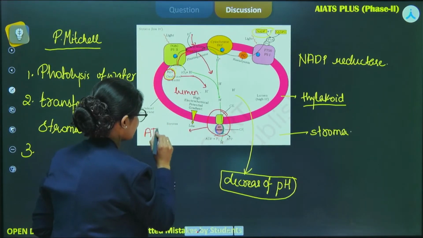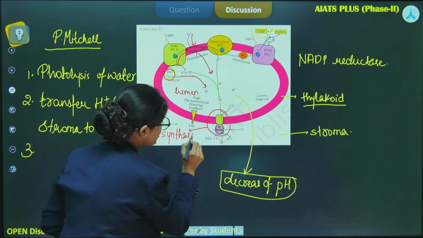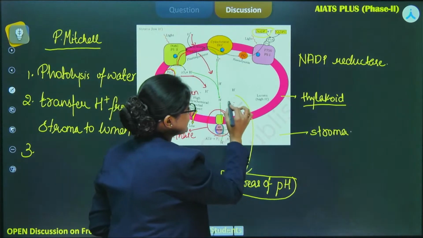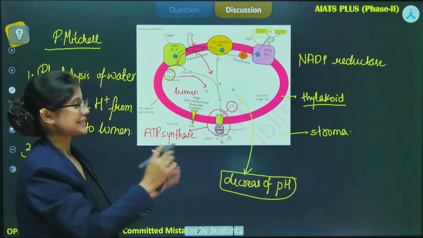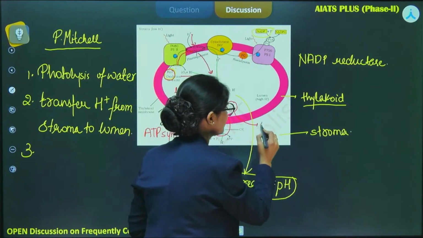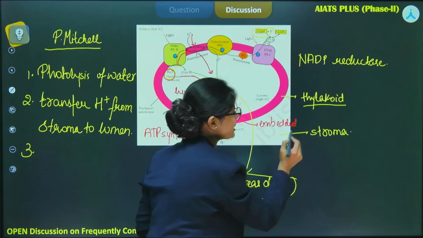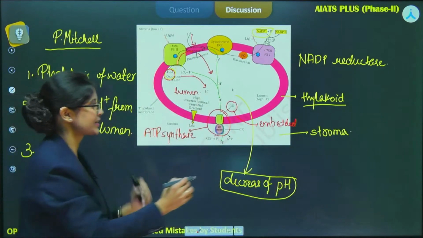This is ATP synthase enzyme, which consists of two parts. First one is CF0, which is embedded in the thylakoid membrane, right? And it forms the channel for the transport of proton through it.